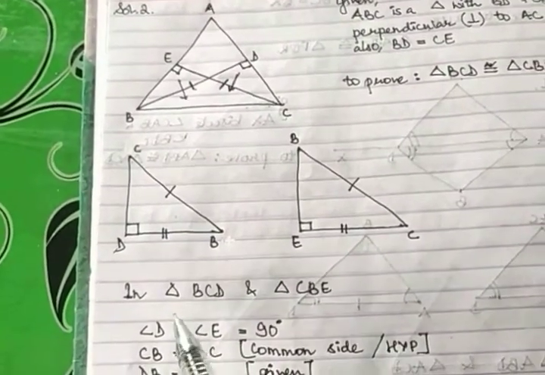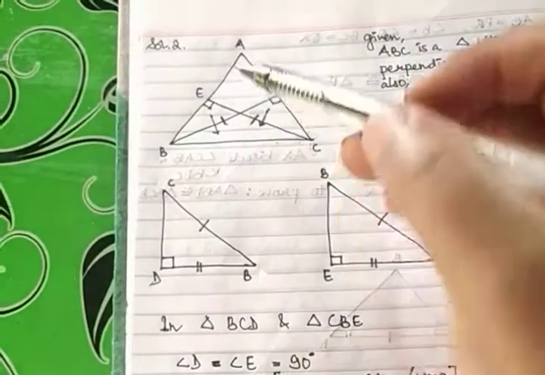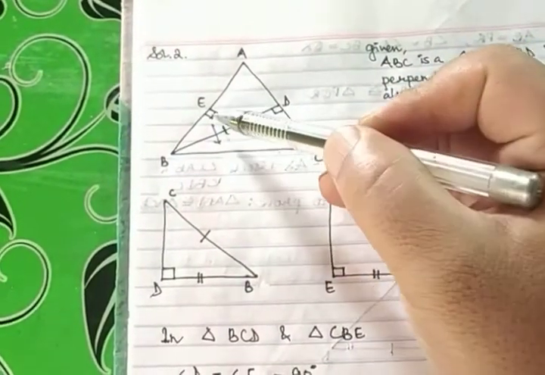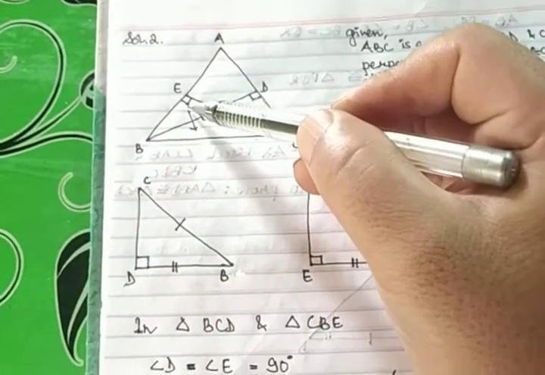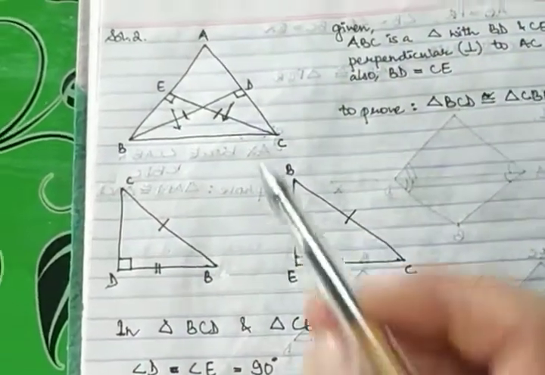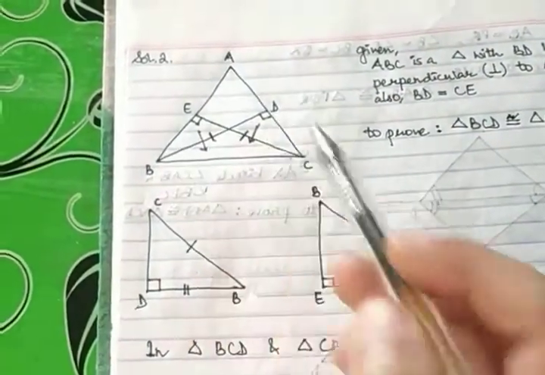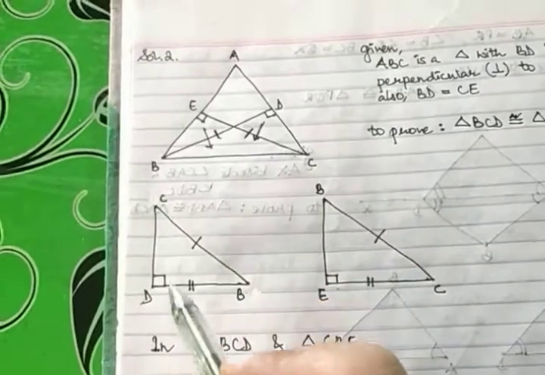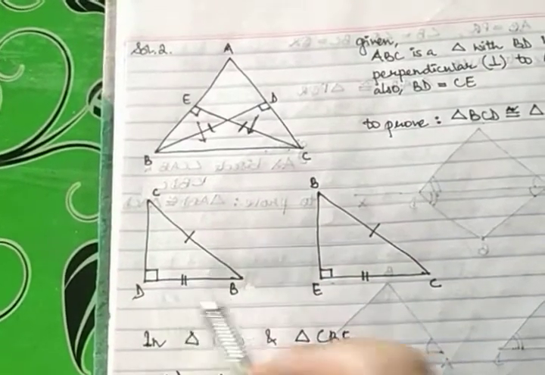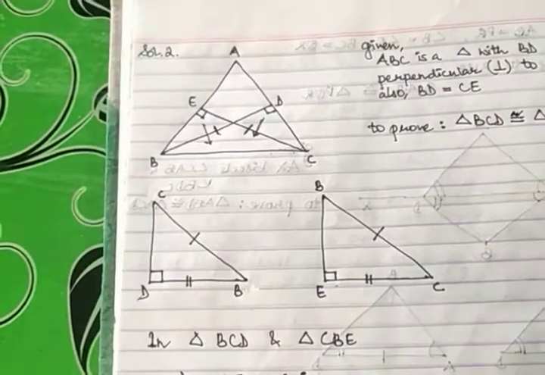Now after that, what do you know is that angle E is 90 degrees, so I have drawn 90, angle D 90. BD was equal to EC, so here we have BD equals EC.